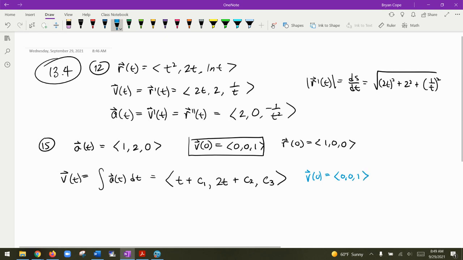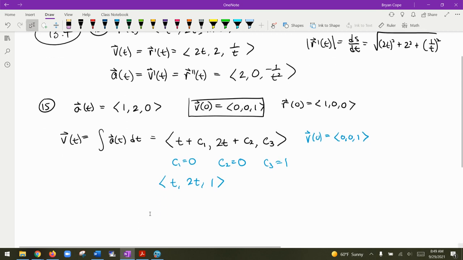So that when I substitute 0 in for t, I should get out 0, 0, 1. This means that c1 is 0, c2 is 0, right? Because if I substitute 0 in for t, I'm going to get 0 plus something needs to equal 0, and that has to be 0. And then c3 is going to equal 1. So my actual velocity vector is t, 2t, and 1.